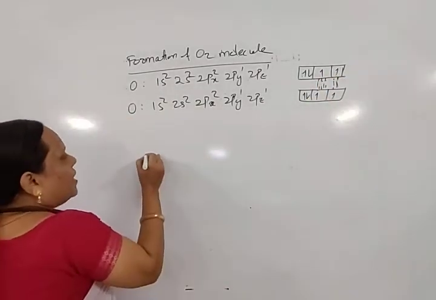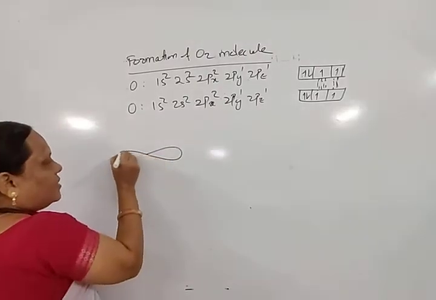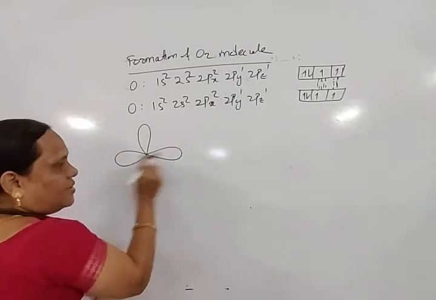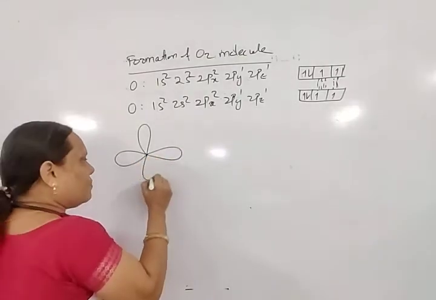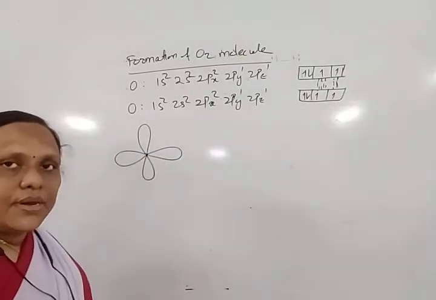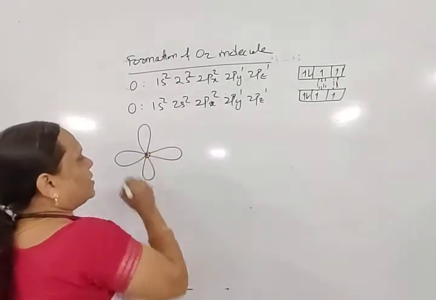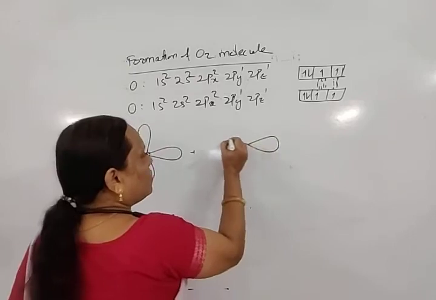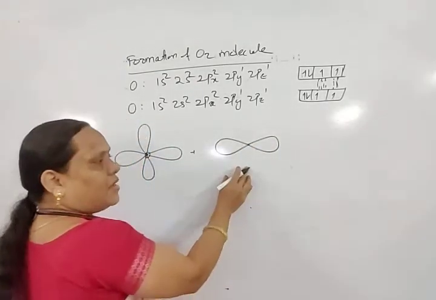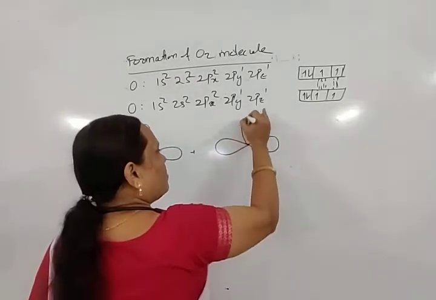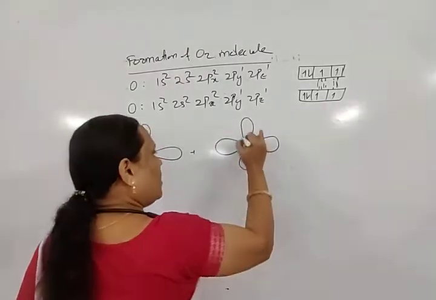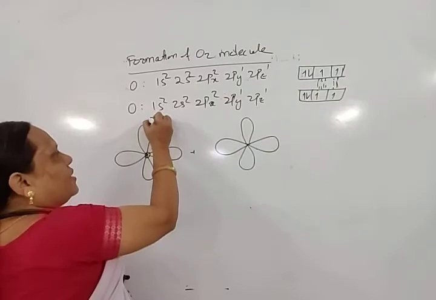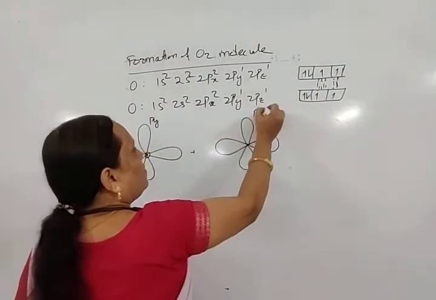Okay, so one p orbital is along the internuclear axis, and the other pz orbital and py orbital remain perpendicular to it for one oxygen atom, plus another oxygen atom, it also has a p orbital along the internuclear axis and py orbital perpendicular. So this is py and py.